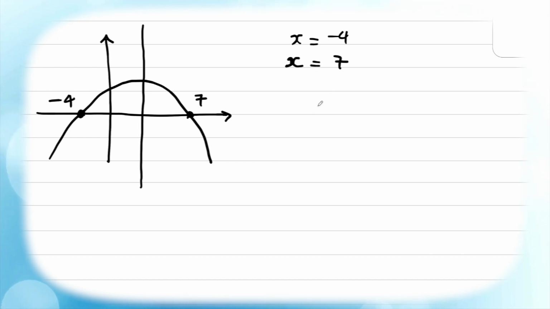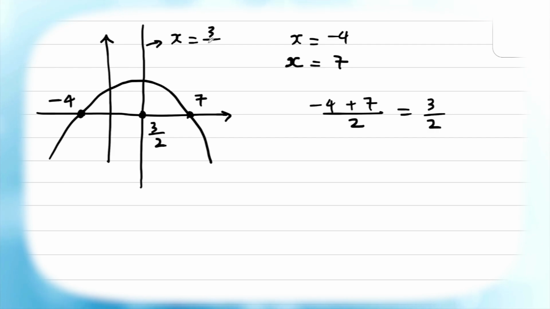So the midpoint here will be -4 plus 7 divided by 2. The point of this one will be 3 over 2. And the equation has to be x equal to 3 over 2. So 3 over 2 is the symmetrical line of this parabola.